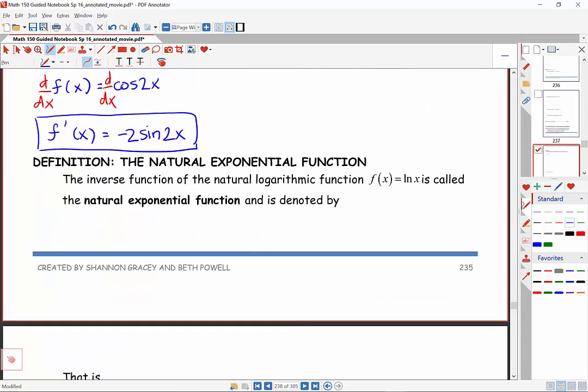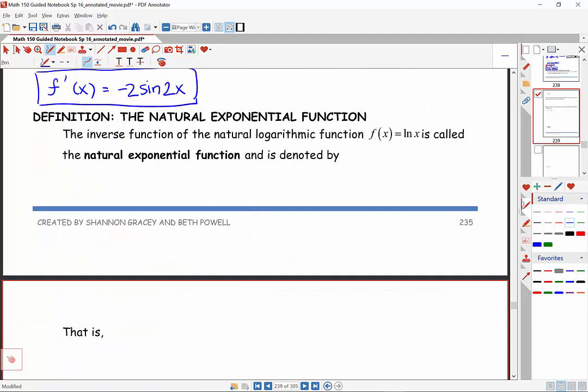Okay, so next up we have the natural exponential function. All right, so for this one, the inverse of the natural logarithmic function, f of x equals natural log of x, is called the natural exponential function. And this is denoted by, call it g of x is equal to e to the x.